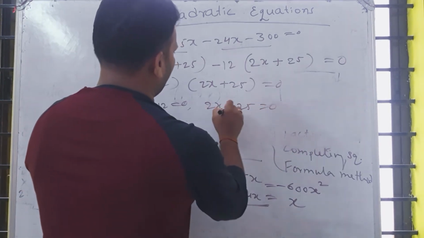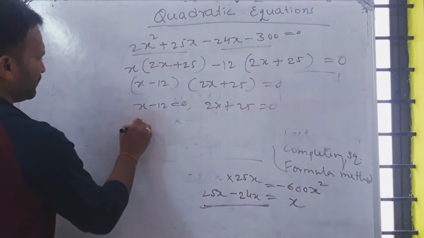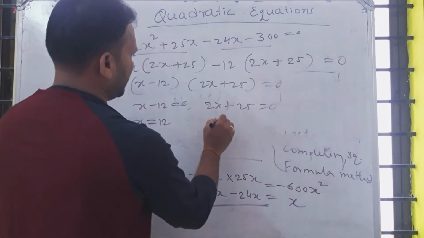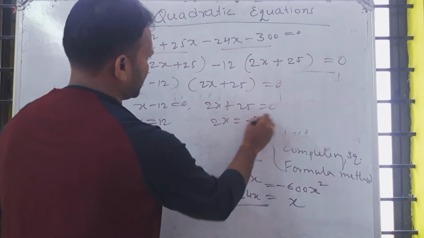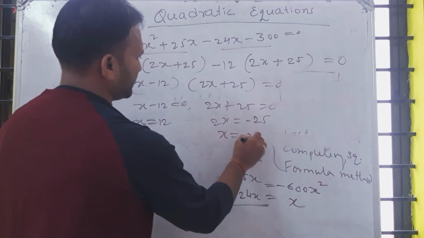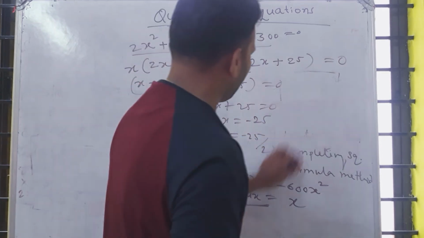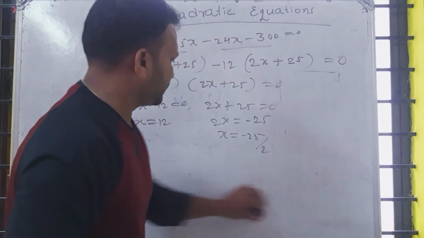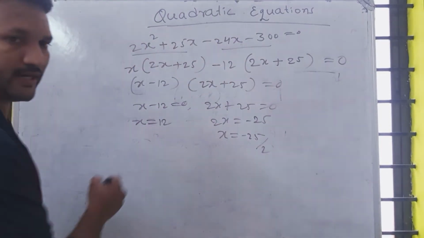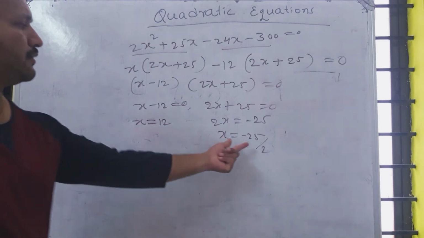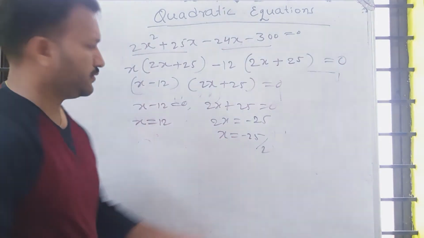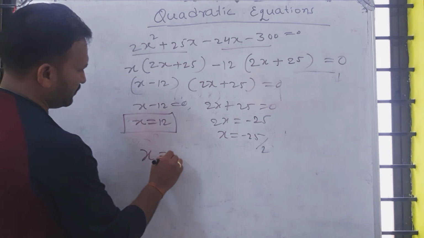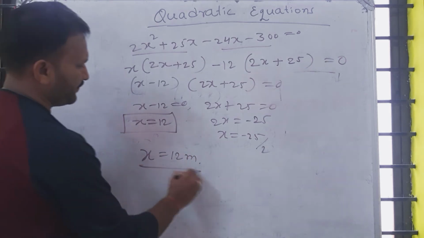So x is equal to 12, and here x is equal to minus 25 by 2, which is not at all possible. Here x is the breadth, and the breadth cannot be negative. So x is equal to 12 meters is the answer.